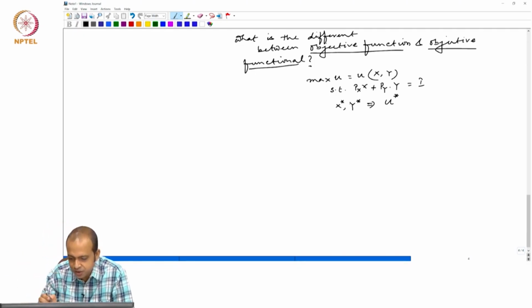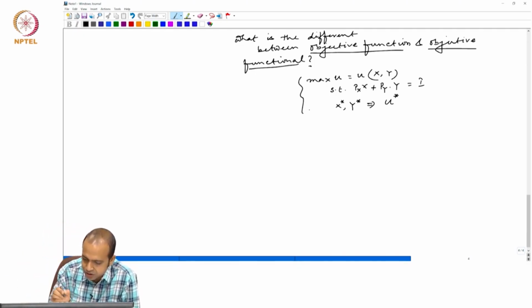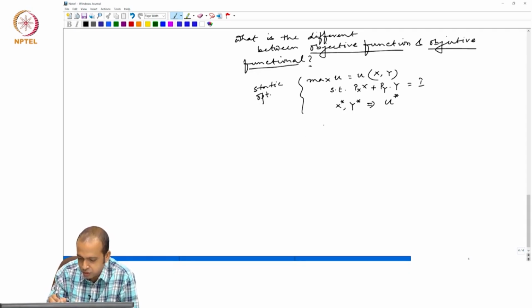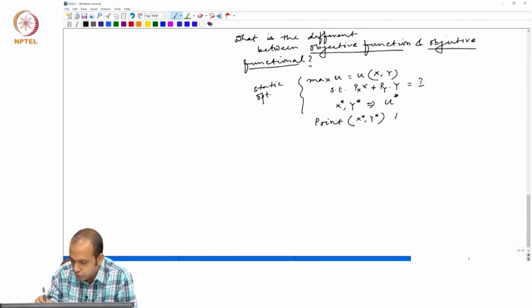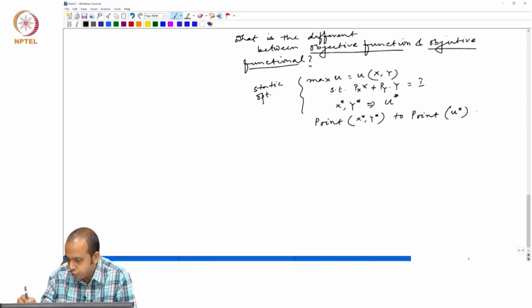So, in case of static optimization, there is a point to point mapping, point x star y star is point to point mapping.